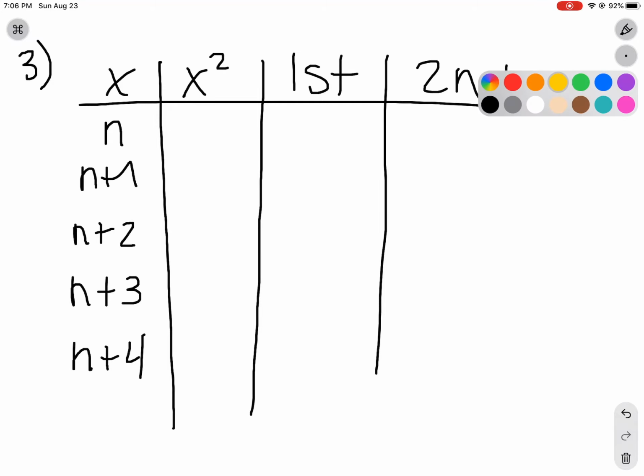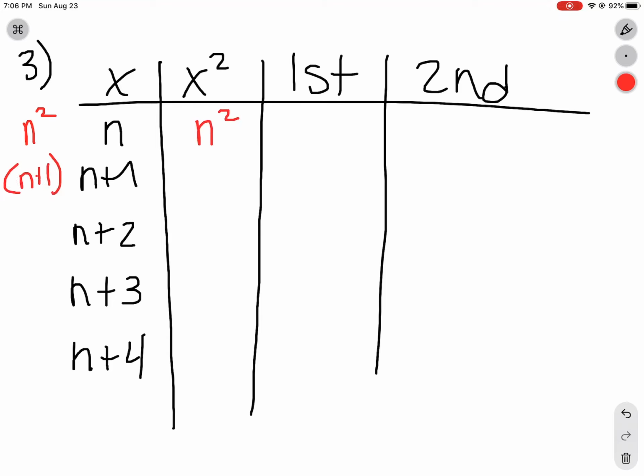So for example, when I plug in n to x squared, I get just n squared. When I plug n plus 1 into x squared, I get n plus 1 squared. So you need to work that out, and you actually get n squared plus 2n plus 1.